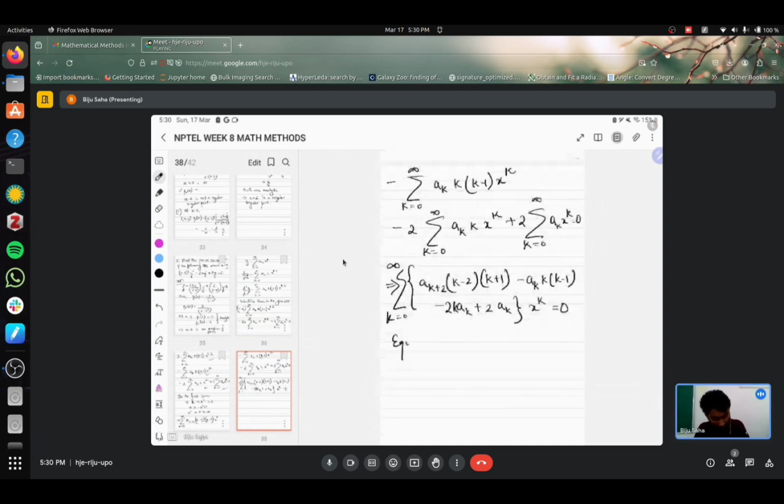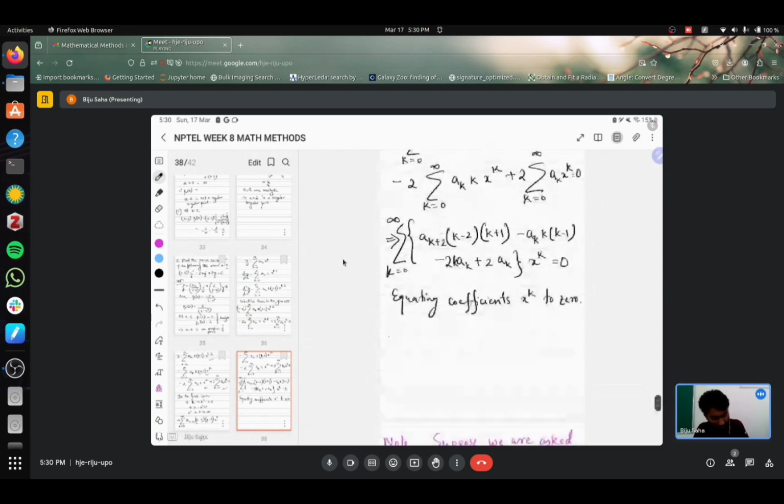So equating coefficients of x to the k from both sides, basically I am equating the coefficients of x to the k to 0. So what I have is this form.